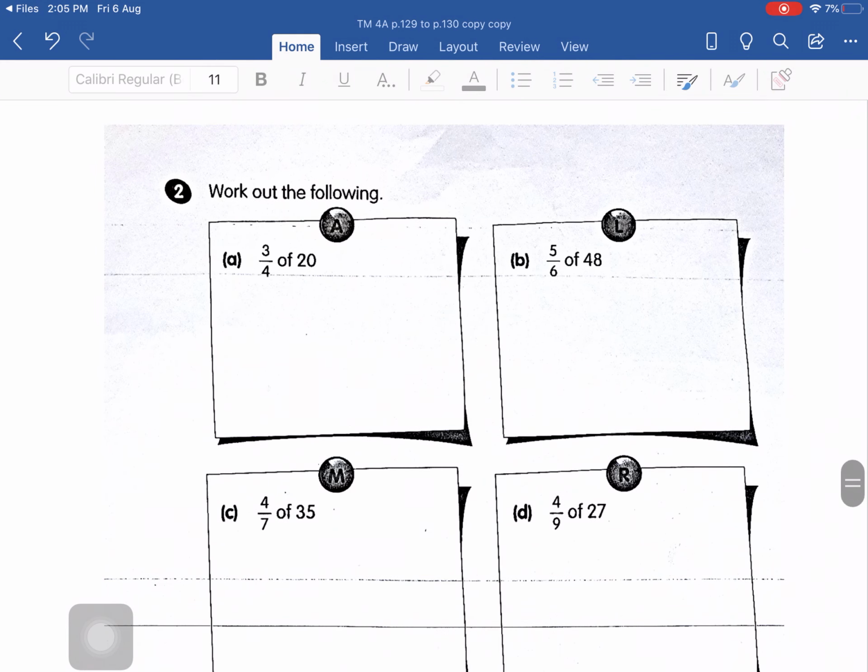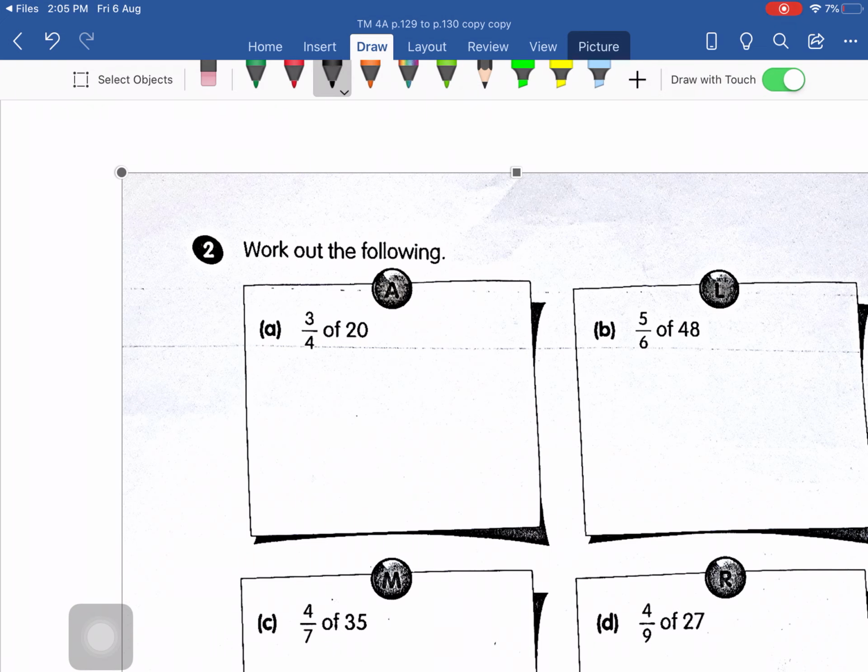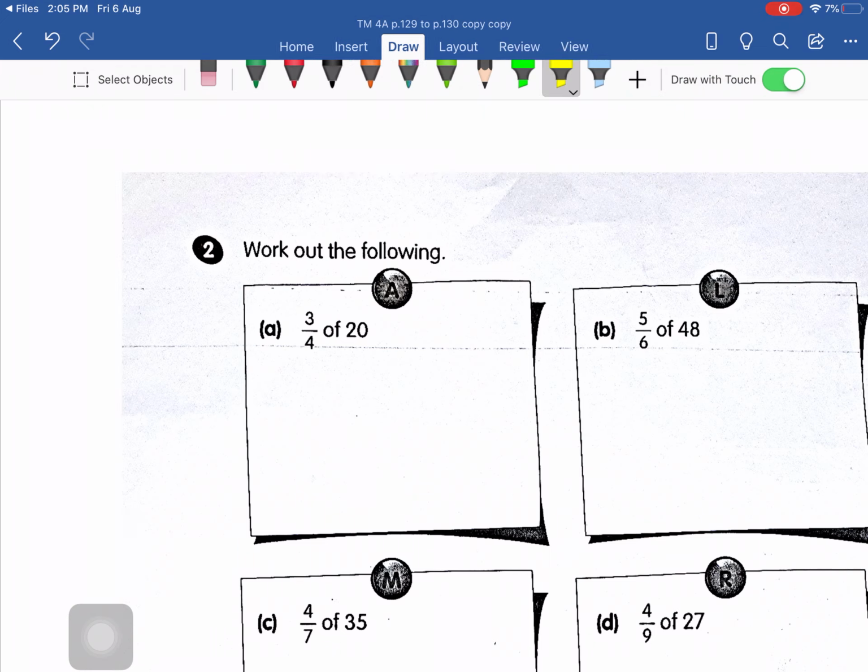MPAH 4A page 130. Let's look at question A. We can see that 3/4 of 20 means that 20 is split equally into 4 groups. So 4 units represent 20.